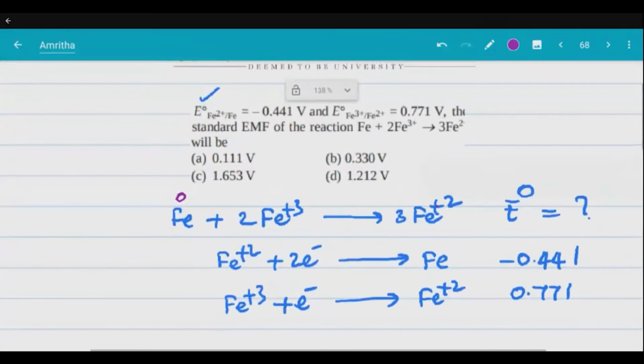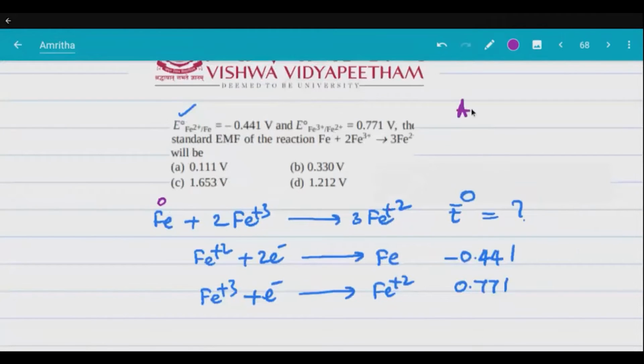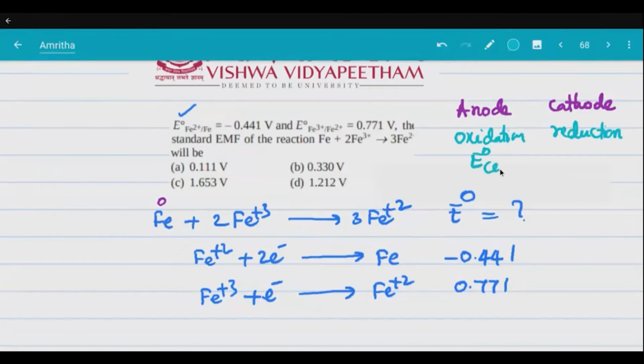Oxidation means anode, and reduction means cathode. So E naught cell is simply E naught cathode minus E naught anode.